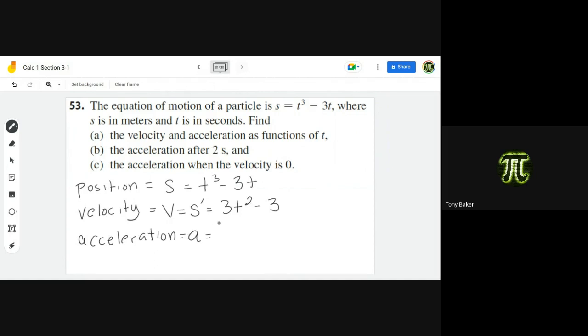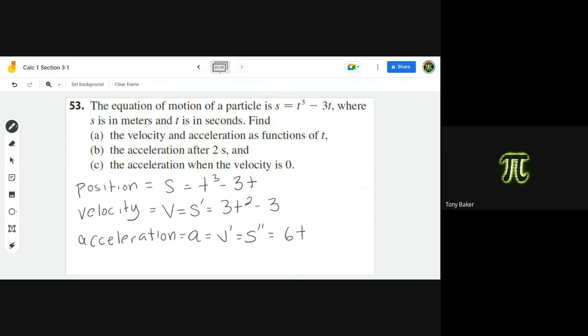Acceleration is what? Yeah, it's the derivative of your velocity or your second derivative of your position. So what's the derivative of 3t squared minus 3? It's just 6t. After acceleration comes jerk.